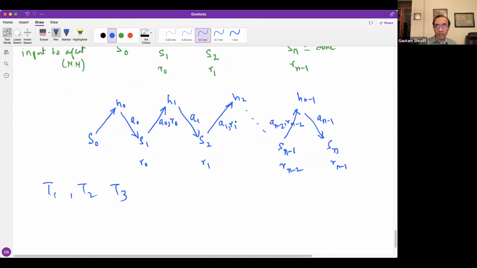You'll have many episodes of task 1, many episodes of task 2, many episodes of task 3, and you're continuously updating your total reward. Now, if the reward distribution changes in, say, task 4, well, it would have changed earlier as well between task 1 and task 2 and task 2 and task 3.